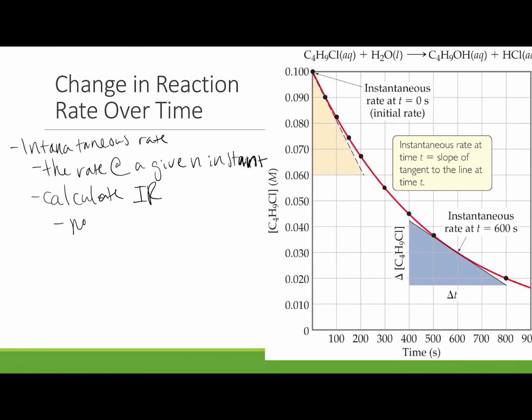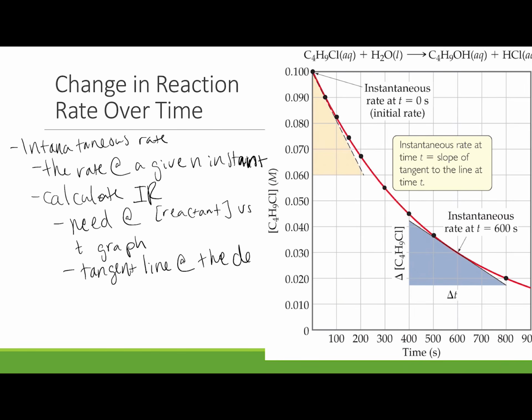To calculate, I'm just going to do IR, instantaneous rate. So we need a concentration of reactant versus time graph. And we need to do a tangent line at the desired point, and then the instantaneous rate will be equal to the slope of that tangent line.